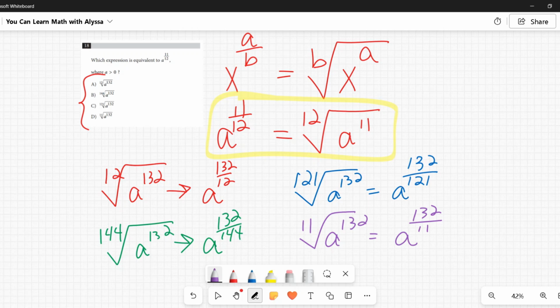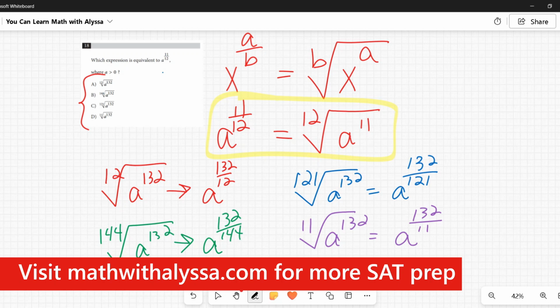A little side note here: if you jumped straight to here and went, wait a minute, all these numbers are really different from a to the power of 11 twelfths, even if I do this, it's not going to end up the same, that's great. If you didn't realize that, do not beat yourself up about it, honestly.